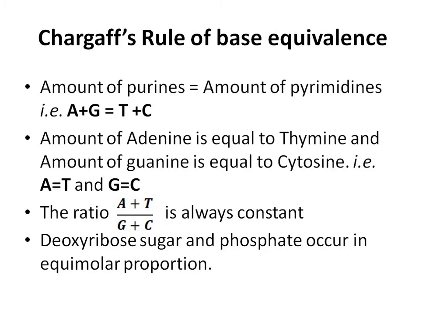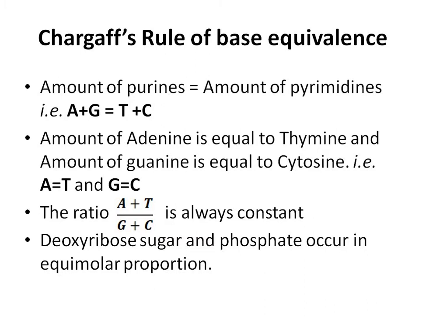According to this, the amount of purines is always equal to the amount of pyrimidines. That is, amount of adenine and guanine in any organism is always equal to the amount of thymine and cytosine. And second, the amount of adenine is always equal to amount of thymine, and amount of guanine is always equal to amount of cytosine.